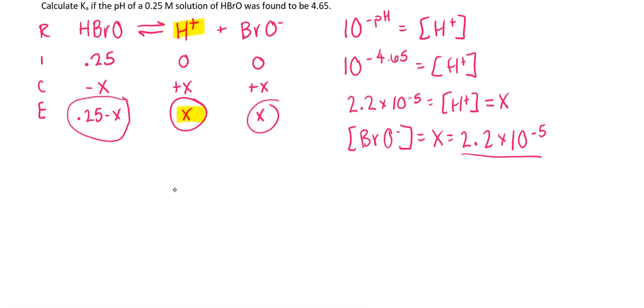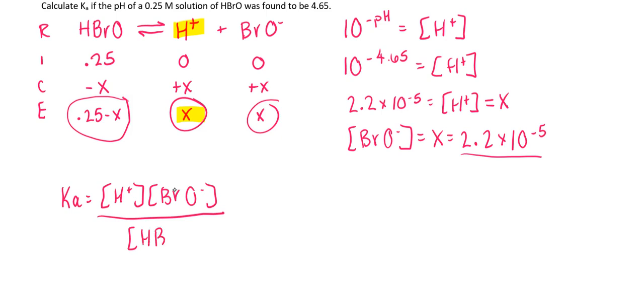Alright, once we have all of our concentrations, we can now write an equilibrium expression and solve for Ka. So Ka is going to be equal to the concentration of the products over reactants. And all I have to do is plug in my values and solve.